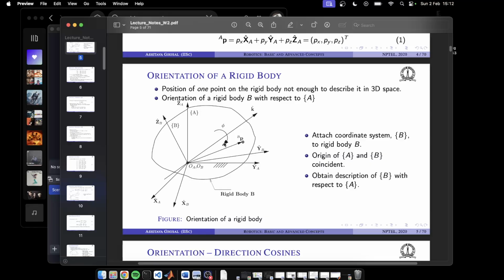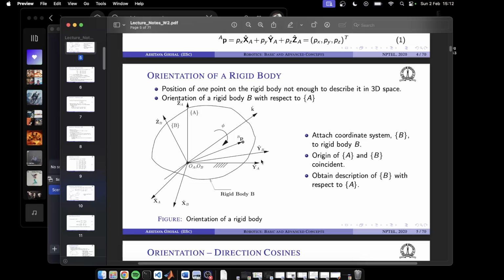And there is another frame B, which is at a different orientation compared to A. However, both their origins are coincident. So OA and OB are the same point, but the B frame is oriented differently than the A frame.